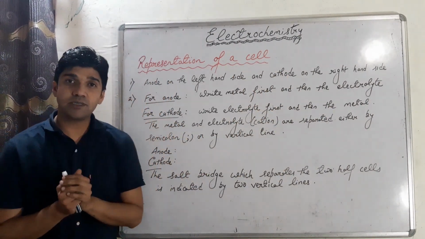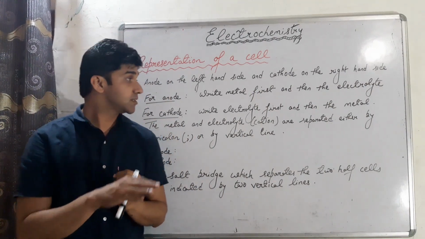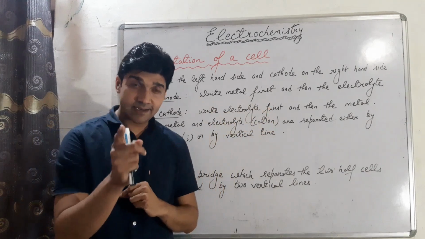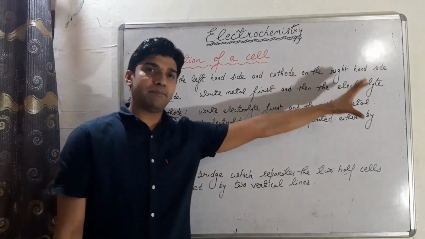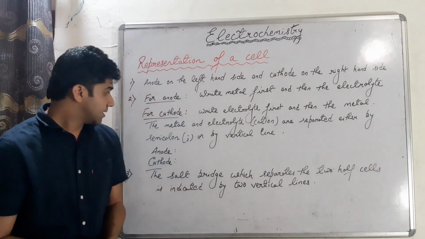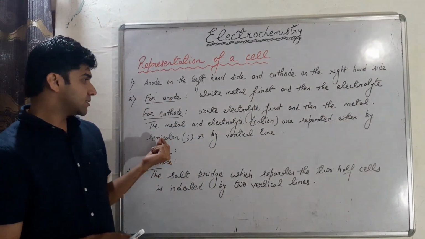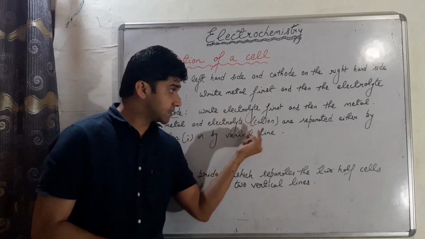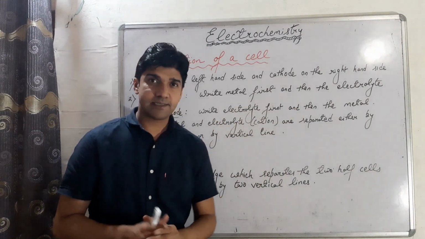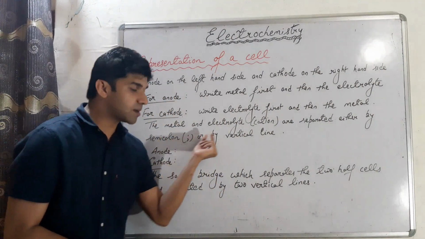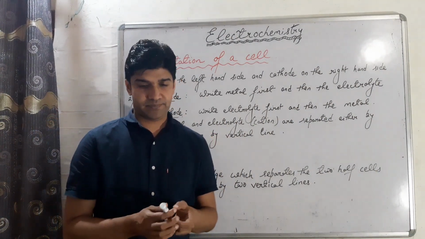For cathode, उल्टा कर देंगे, opposite. First write the electrolyte, that is the cation, and then write the metal. Okay? And the metal and the electrolyte, that is cation, are separated either by semicolon or by a vertical line.